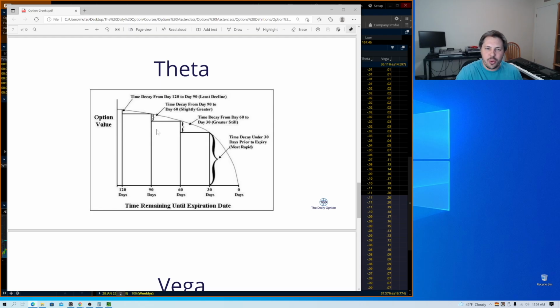There's calculus equations that represent the area underneath this curve, right? But as the passage of time happens, the option's value decays, right? And as we approach the 0 days, the slope of this is ever increasing, right? Until there's nothing left, right?